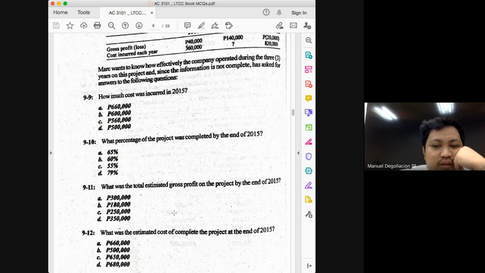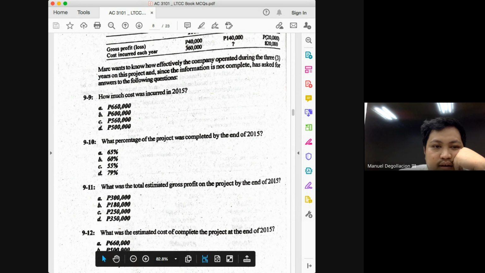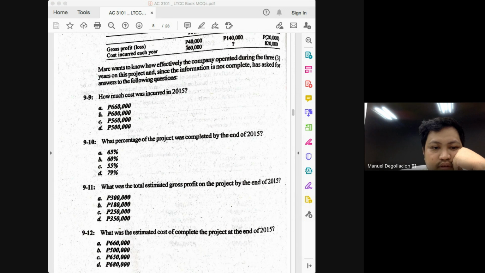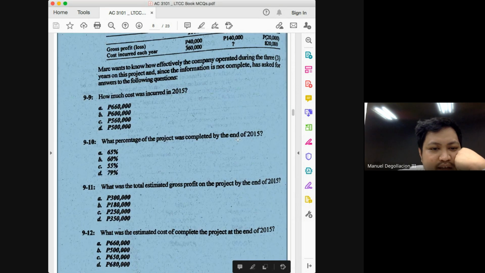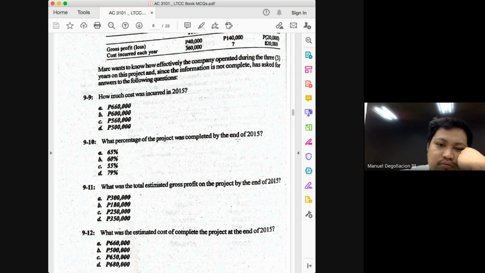Next, what was the total estimated cost? Did we answer this already? Uh, the problem is worded incorrectly. I think it should be cost to complete.